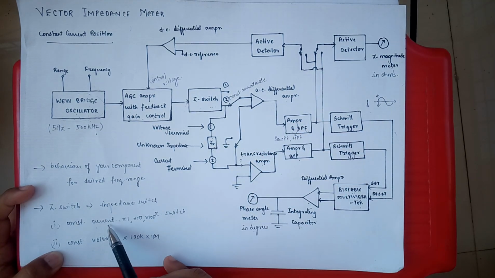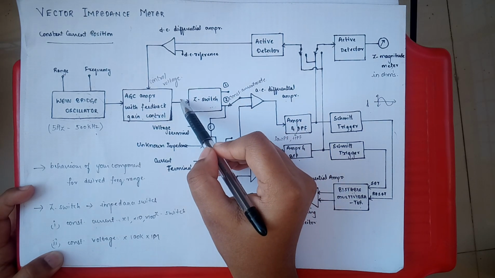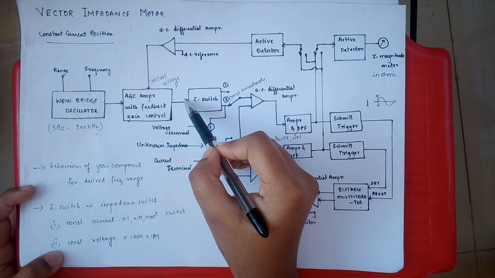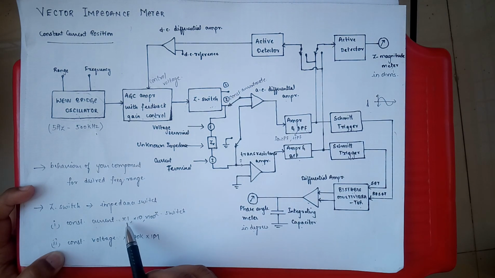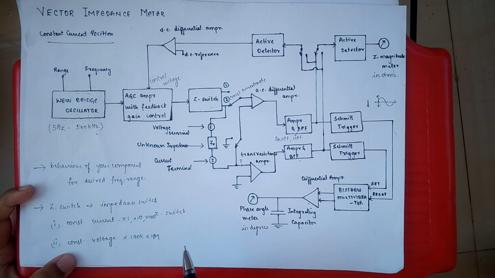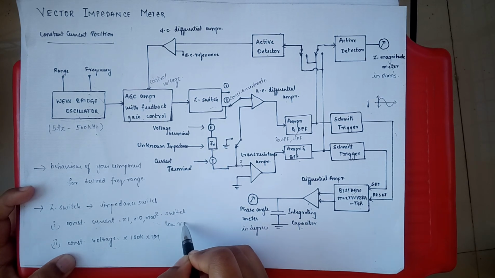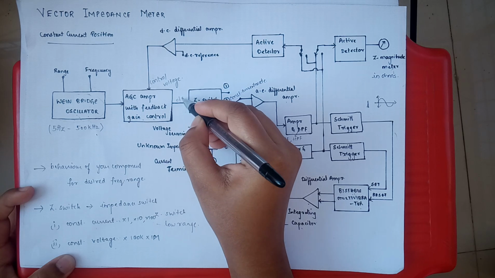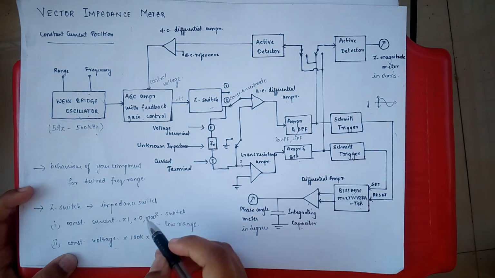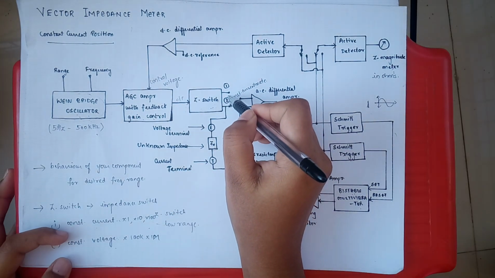In the constant current mode, the output voltage that you get from this should be in a range like this, a multiple of 10 or of 100, in that low range of values. If the output voltage is in this range, then the switch functions in the constant current mode.